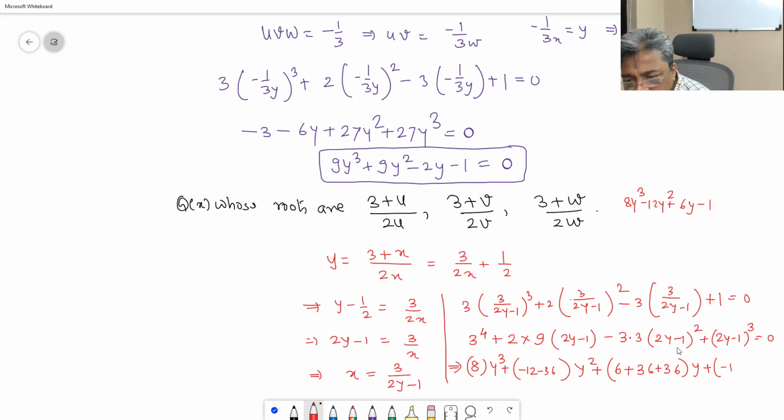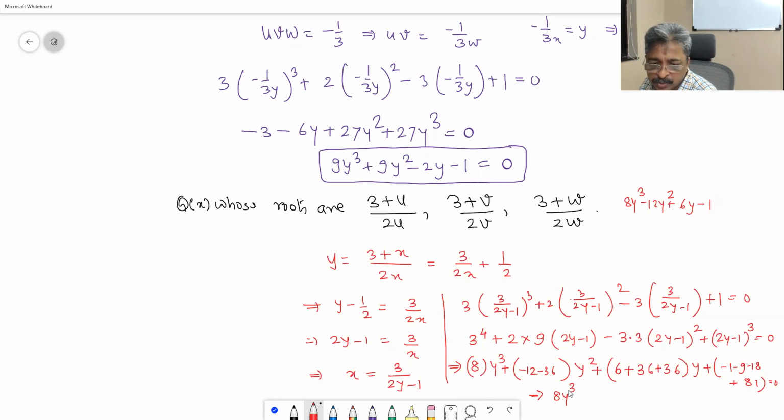Here it will be plus 1 into minus 9, that is minus 9. Here it will be minus 18 plus 81 is equal to 0. Okay, so I have got a little space here which is sufficient.